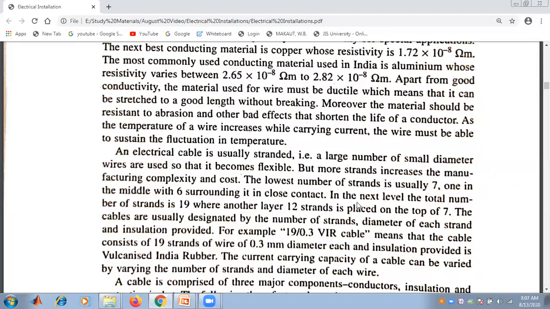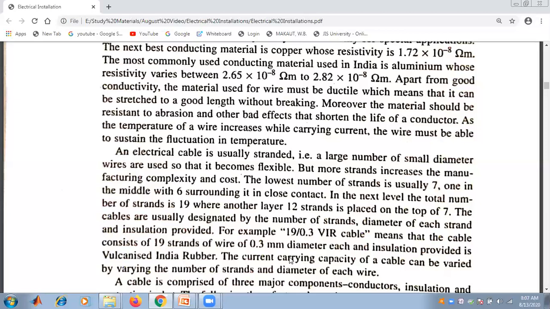At the next level, the total number of strands is 19, where another 12 strands are placed on top of the same 7. 12 plus 7 is equal to 19.